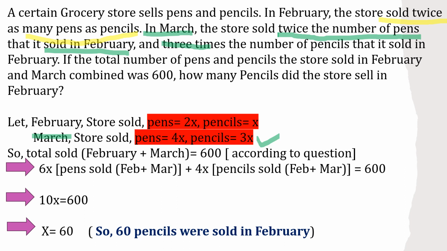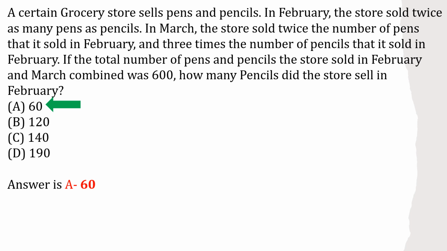So 6x plus 4x is equal to 10x, and we have 600 here. If we do the calculation we get the value of x, and it is 60. So 60 pencils were sold in February. So our correct answer for this question is A, 60.